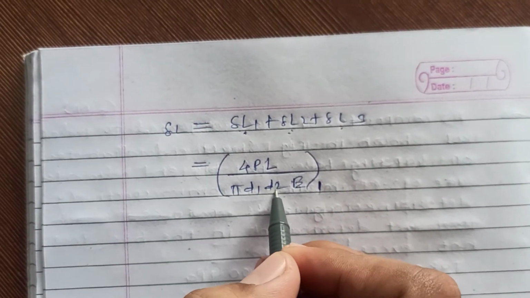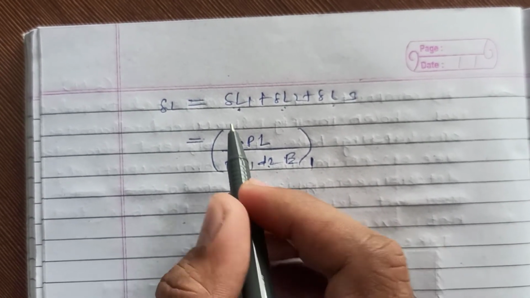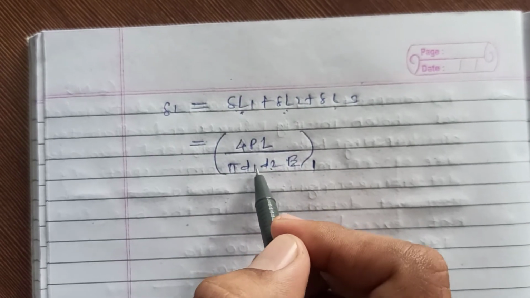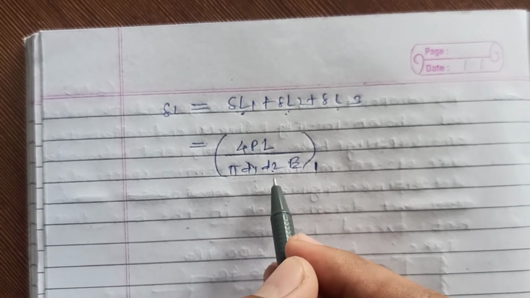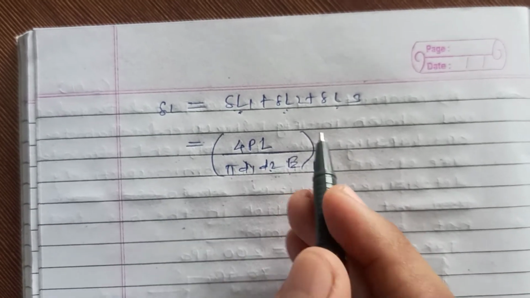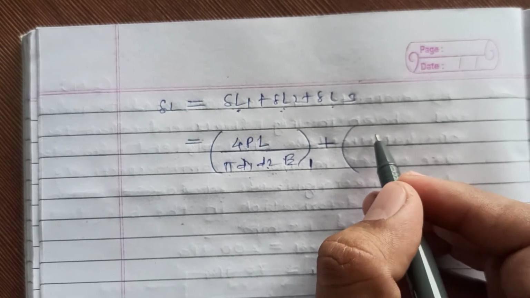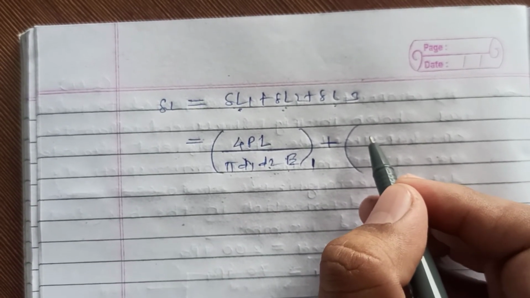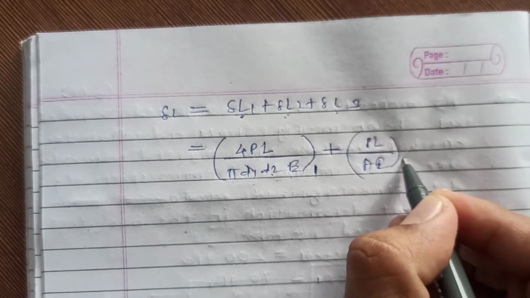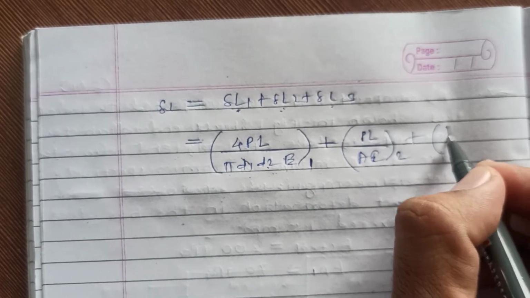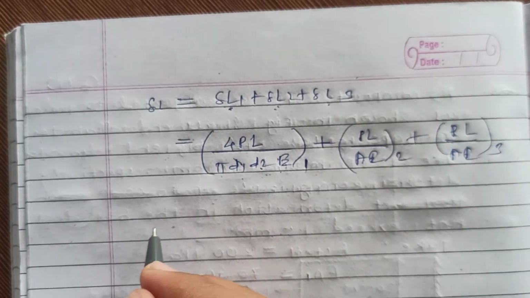This is the formula for the trapezoidal section. If we want to find the change in length for the trapezoidal section, we have to use this formula, 4PL divided by pi d1 d2 into E, for element number 1, plus, since it is a rectangular section, similarly PL by AE for element 2 plus PL by AE for element 3.